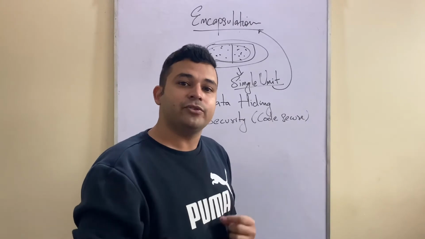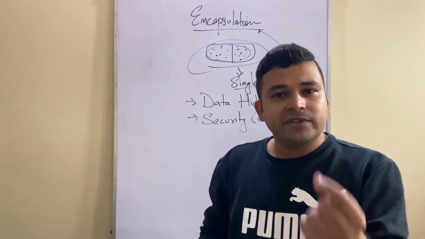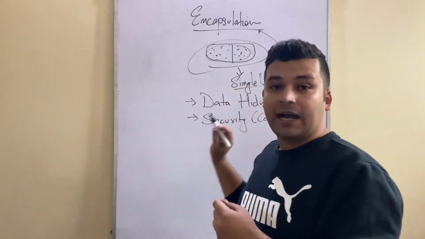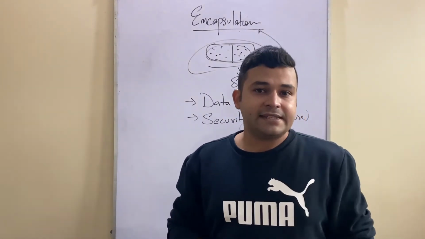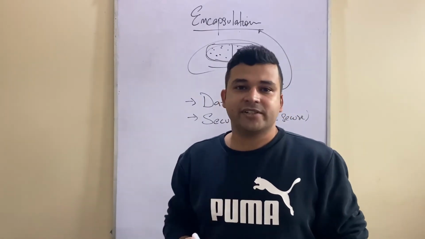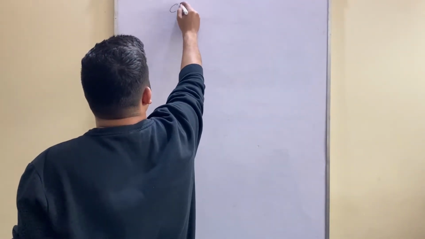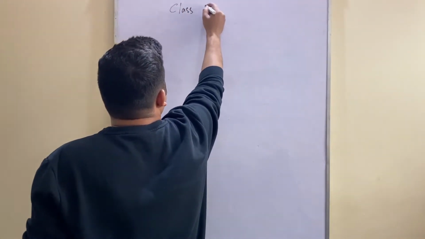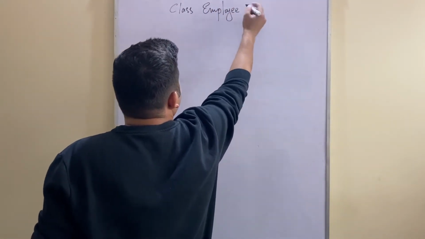So here I am going to design a simple class called Employee, and then we'll see how to achieve data hiding, how it secures the code, and what encapsulation is. Let's design that class. My class name is Employee.